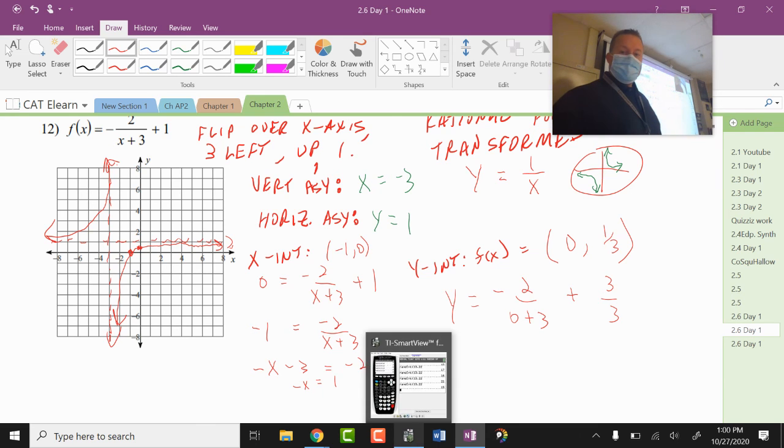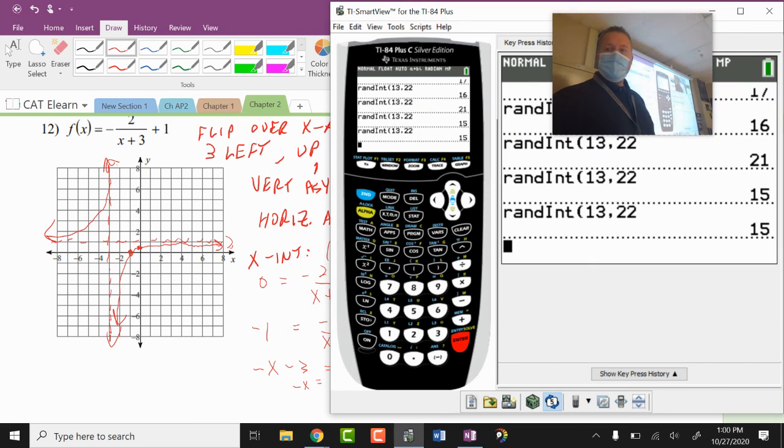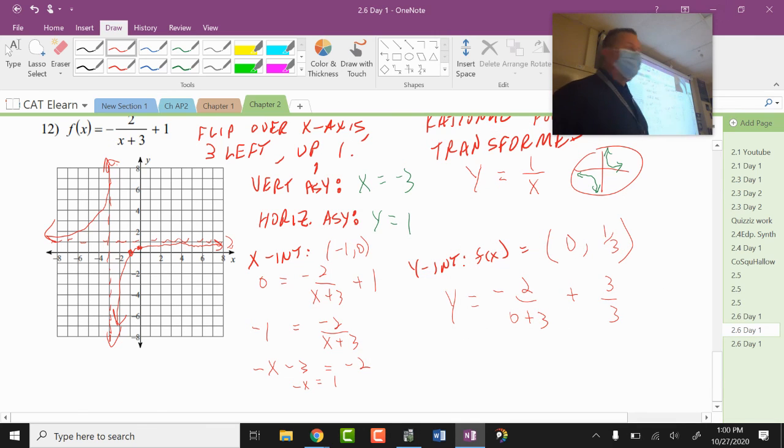Okay, I lied. One more student. See that? As x goes to infinity, what does y go to? And then as x goes to negative infinity, what does y go to? 1 and 1 for both of those answers.